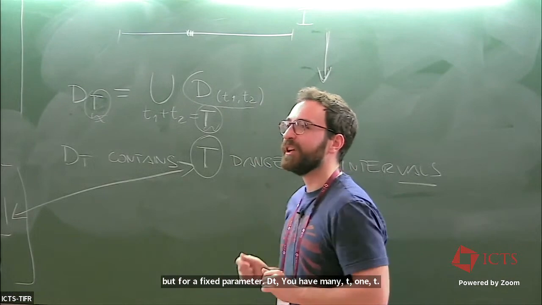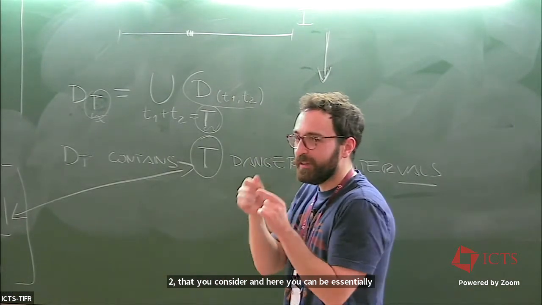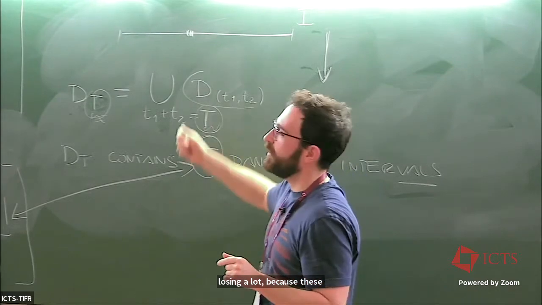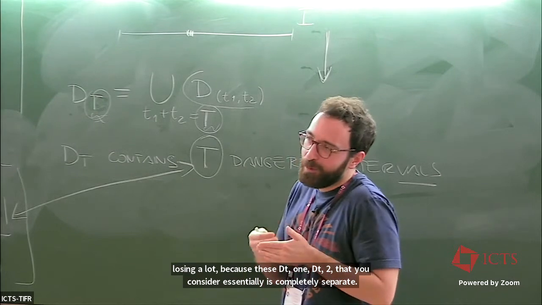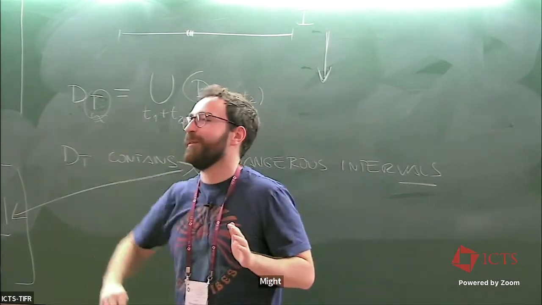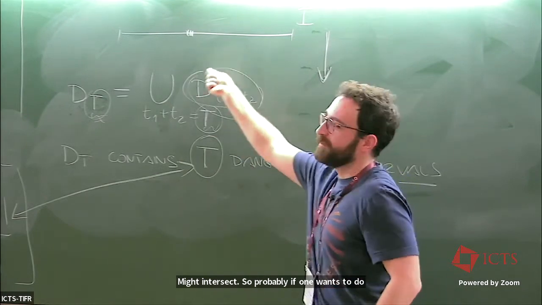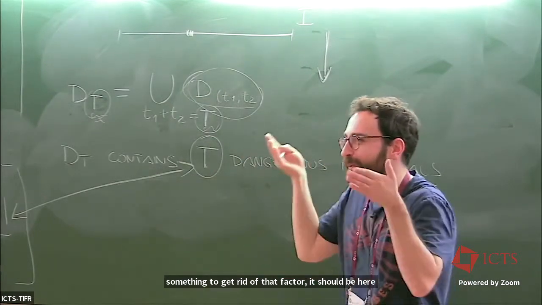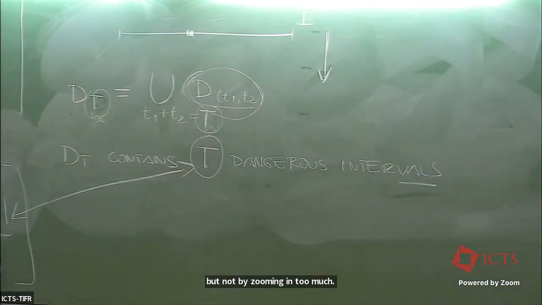And here you can essentially be losing a lot, because these dt1, dt2 that you consider as completely separate might intersect. So if one wants to do something to get rid of that factor, it should be here, but not by zooming in too much. I'm not sure if I gave a clear idea, but.